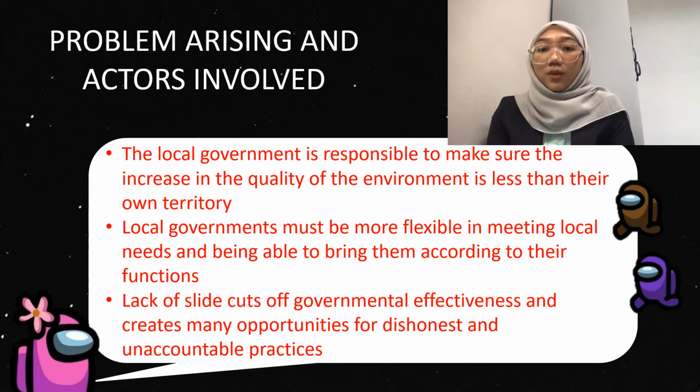Several problems may force organizations to estimate customer satisfaction, as people normally are not well informed of the procedures and expectations that local government services perform in line with service delivery. This lack of awareness cuts off governmental effectiveness and creates many opportunities for dishonest and unaccountable practices, which are some of the main problems in Malaysia.